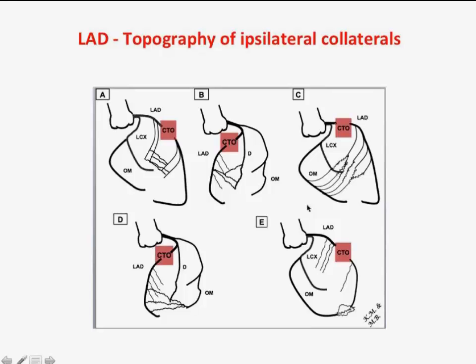In a left dominant system, we also see septal perforators from the marginal branch going to the LAD, and also sometimes from the marginal branch over epicardial collaterals to the LAD, or over the apex also to the LAD. So that's the morphological criteria which we figured out.